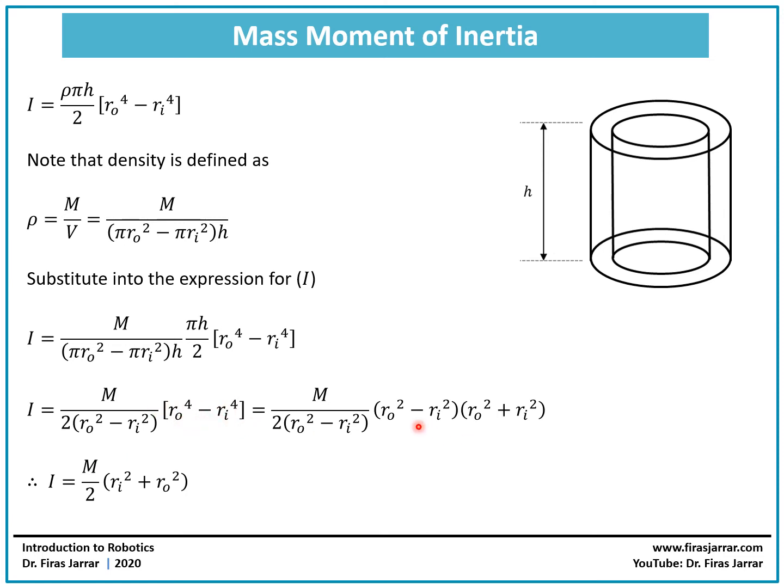So it becomes the product of r outer squared minus r inner squared times r outer squared plus r inner squared. This will cancel out with this, and we'll end up with the very neat and simple formula for the mass moment of inertia of a hollow cylinder. So now it depends on the total mass, over 2 times the inner radius squared plus the outer radius squared.